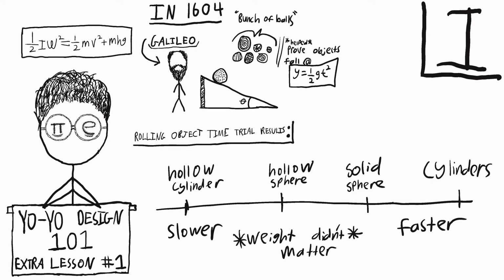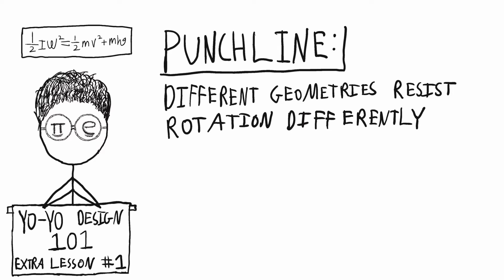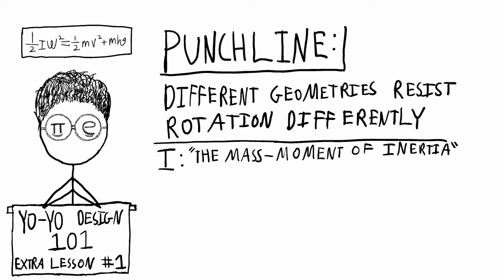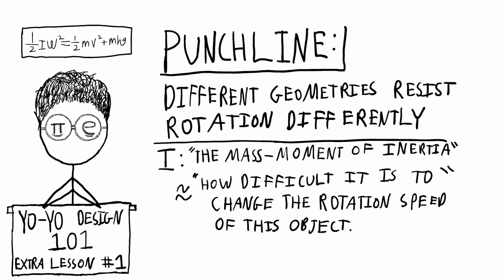What Galileo tangentially touched on is that somehow, although gravity was pulling on 2 different balls in the exact same way, and even though they weighed exactly the same as one another, one would get down the ramp faster than the other would. The punchline: different geometries resist rotation differently. And this letter I, the mass moment of inertia, is a number representing how difficult it is to change the rotation speed of this object.